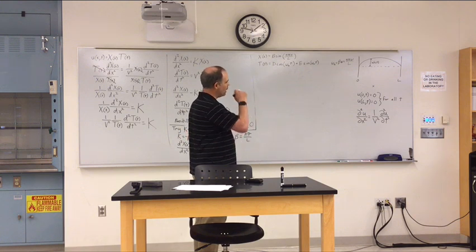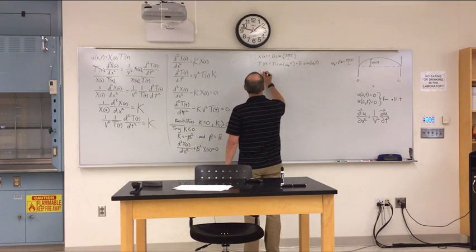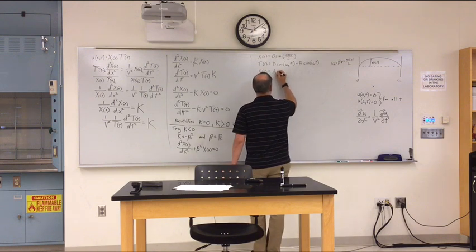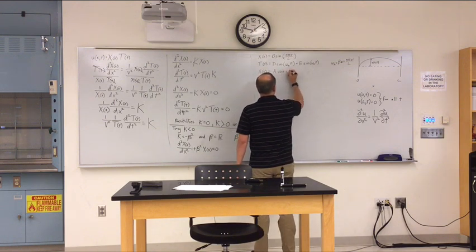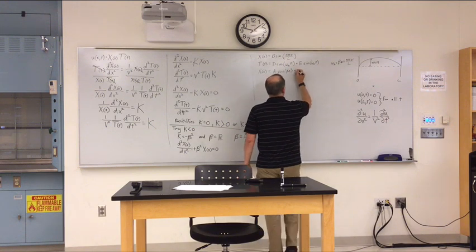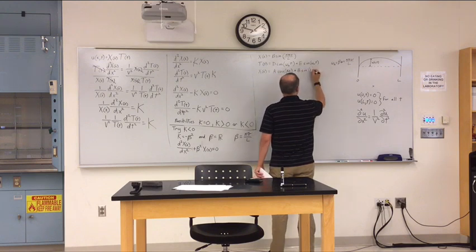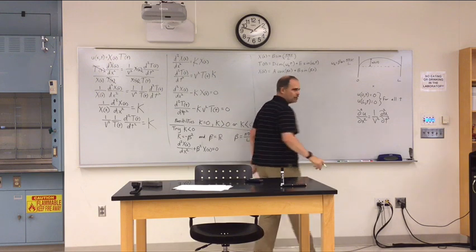In the case of the x, you had x of x equal to a cosine of beta x plus b sine of beta x. Yes?